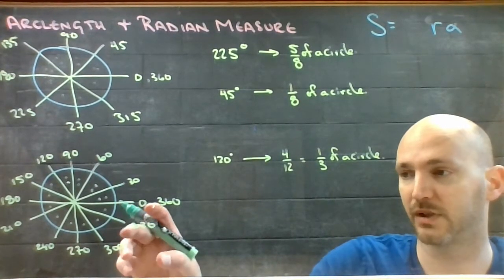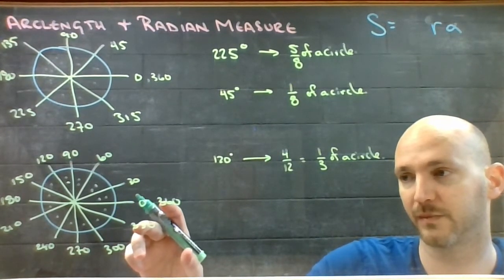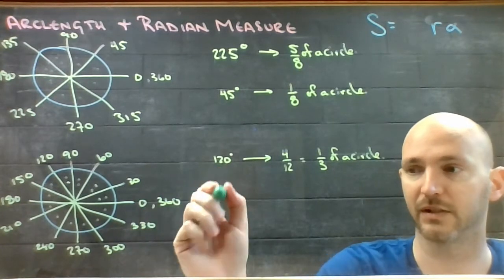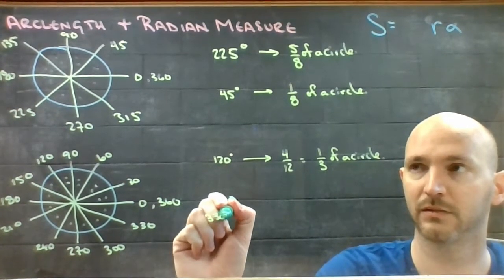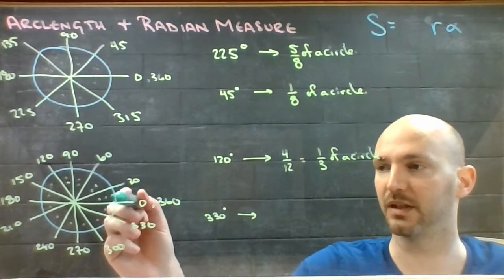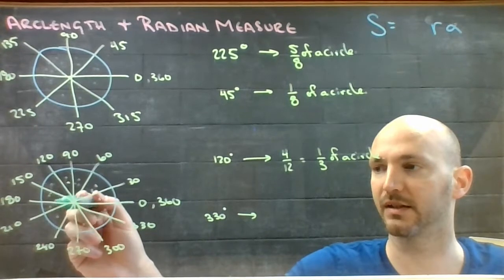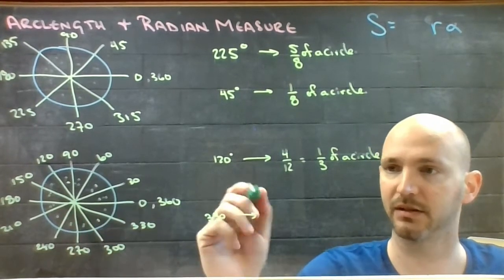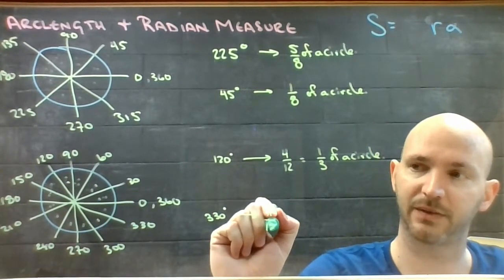And if I pick another one, let's go with 330 here. 330 degrees happens to be 1, 2, 3, 4, 5, 6, 7, 8, 9, 10, 11 twelfths of a circle.